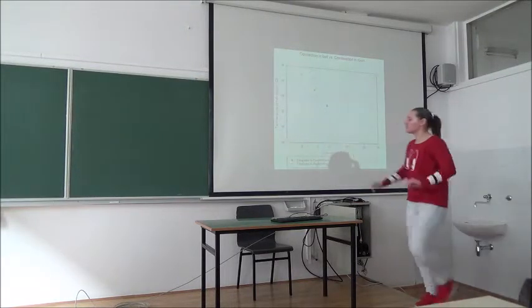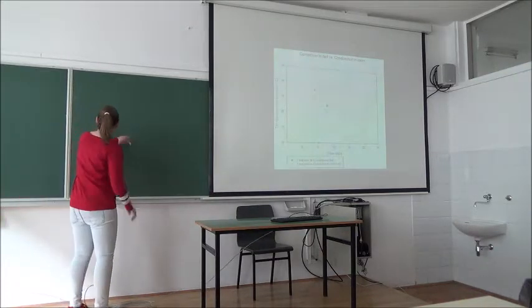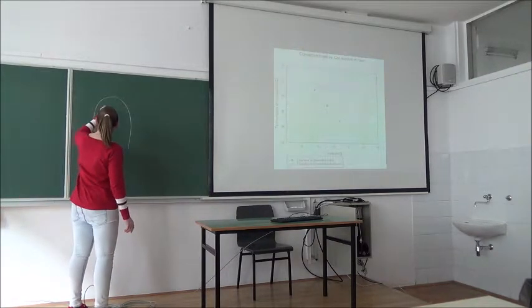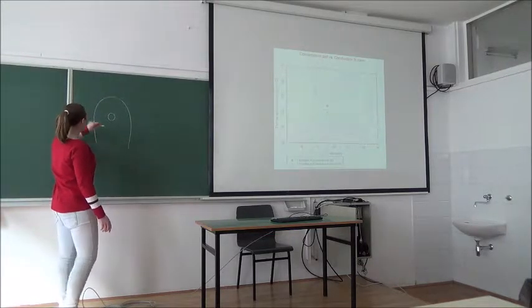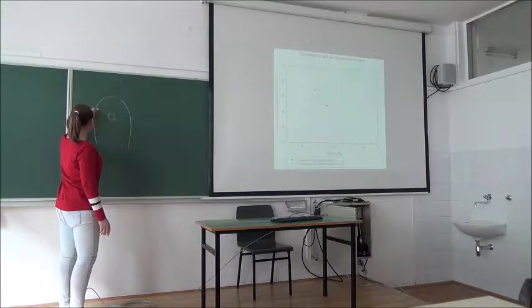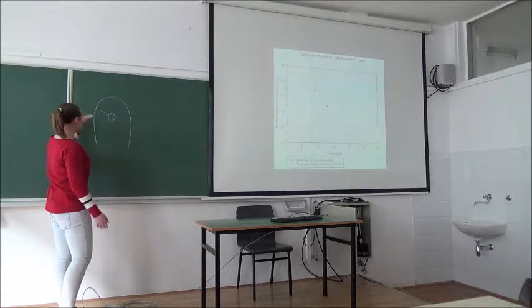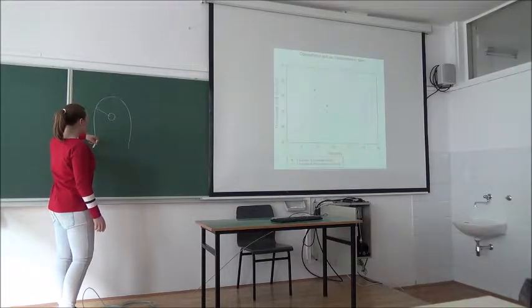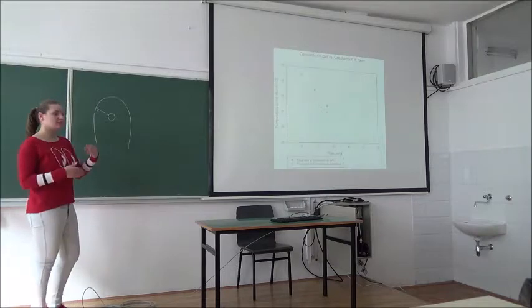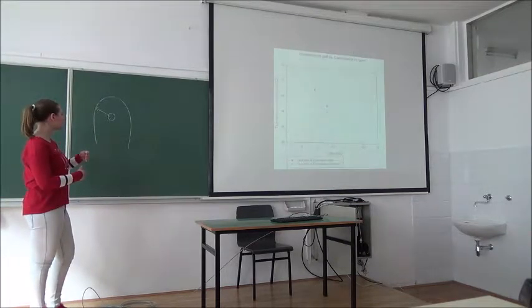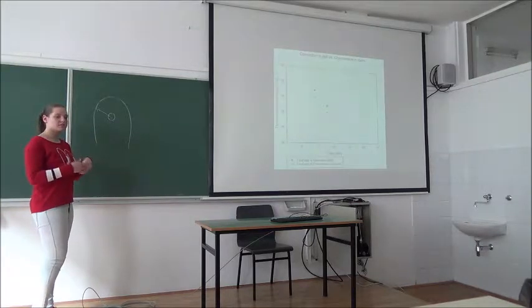I want to explain that we have a bell and a hot object. By radiation it emits waves, and the waves can't pass through the glass, so they stay in the bell, and the air and the glass are heating.